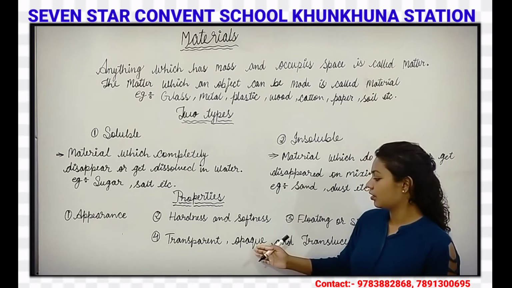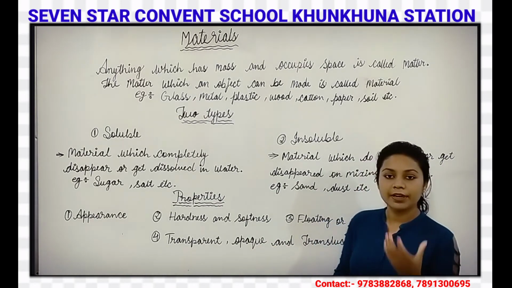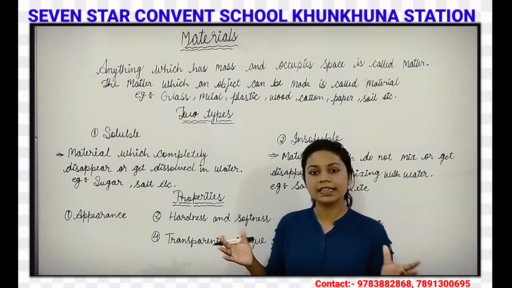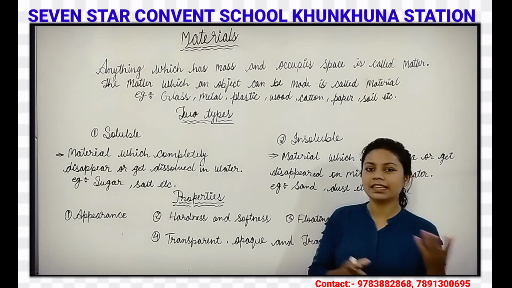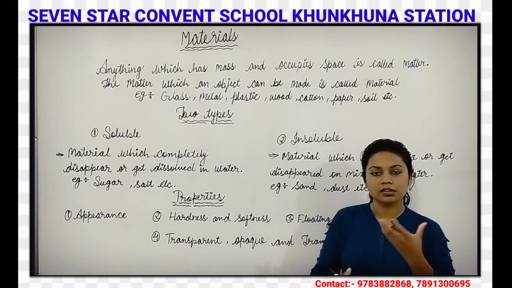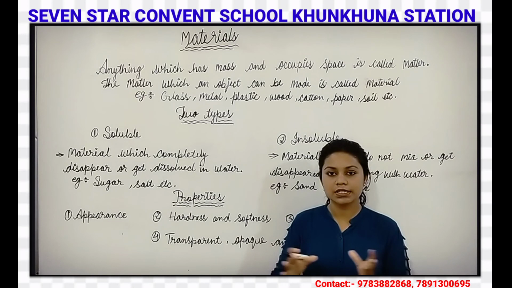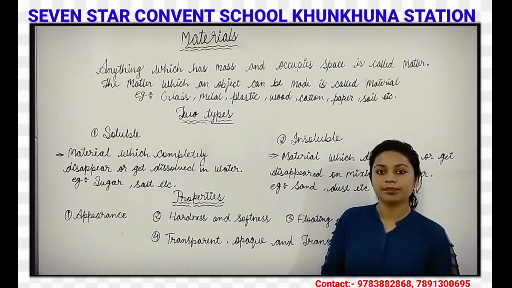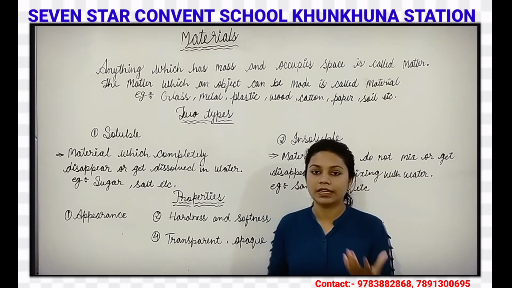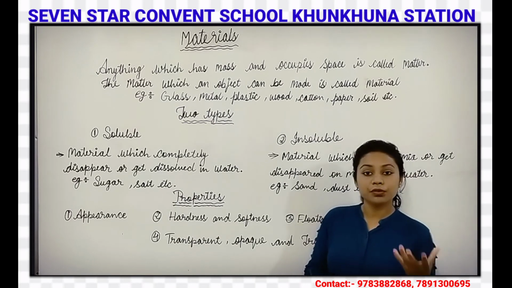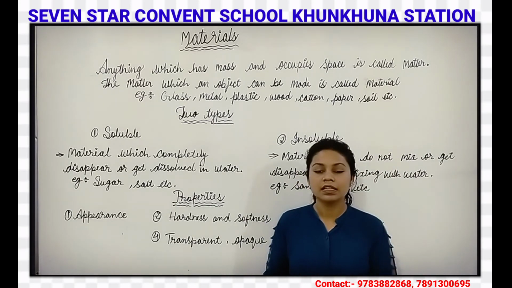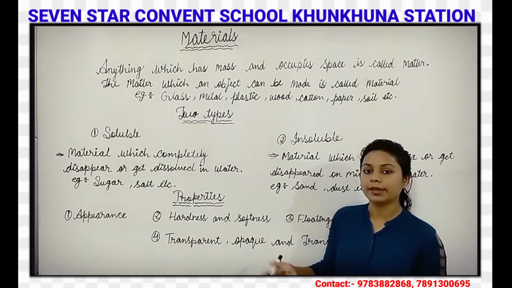Next, opaque is the material which can't be seen clearly. Even if we put light, it can't be seen through. It is called opaque material. For example, wood and cardboard are examples of opaque material.